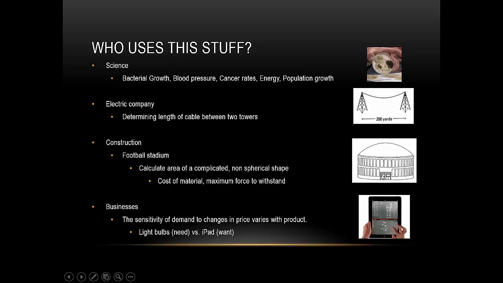This stuff is used everywhere. I know it's difficult when you're in college, and if you haven't done this in the real world, you think nobody uses this, right? It is used out there, and think of things that are changing: bacterial growth, blood pressure, looking at electric bills. We can analyze football stadiums with retractable roofs now.